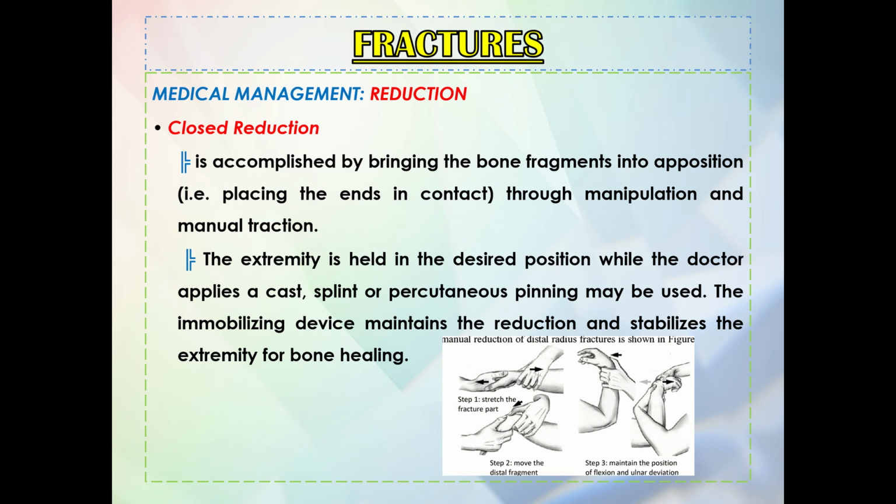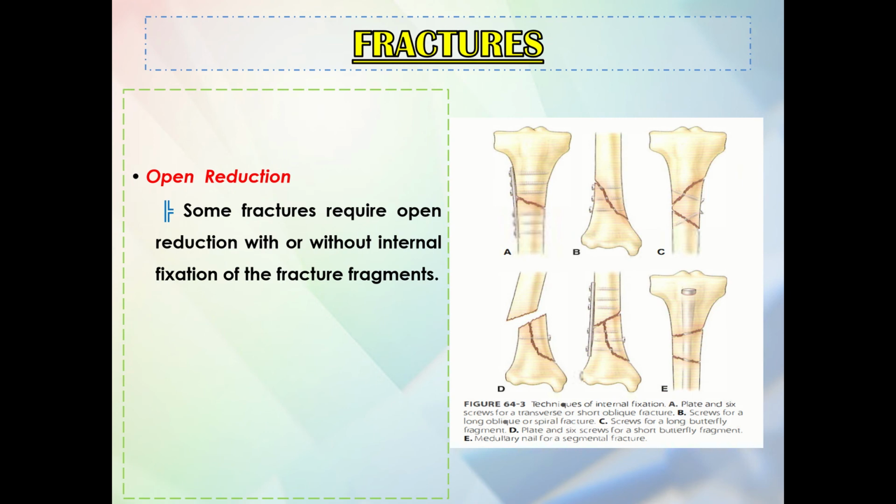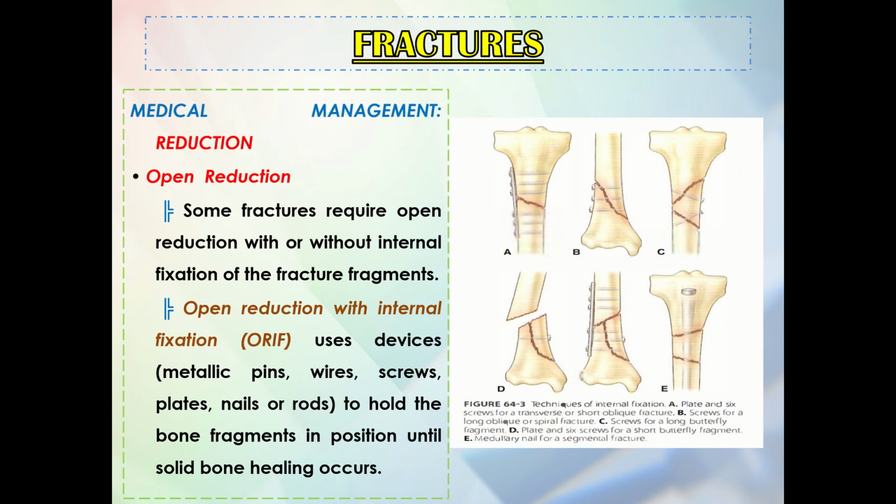So pag na-reduce na, doon pa lang siya pwedeng lagyan ng splint or ng brace or ng cast for immobilizing the body part. Okay, so that is closed reduction. So when we say naman open reduction, ito yung na-discuss natin sa ating previous musculoskeletal care modality, si ORIF.